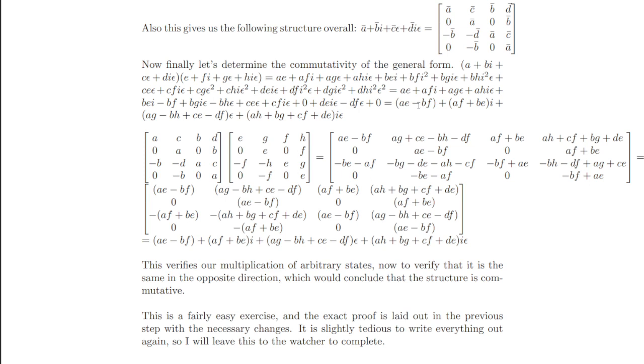Basically, to do the steps in the opposite direction is the exact same thing, just every single order would be EA instead of AE and so forth. Everything would be flipped. It would be the exact same thing, it would just be very tedious to change all of these symbols in different orders because there's so many different combinations. So I'm actually going to leave this as an exercise to the reader, not because it's difficult, but because it's tedious and I've already done the first case for you and you can verify that they are indeed the same.